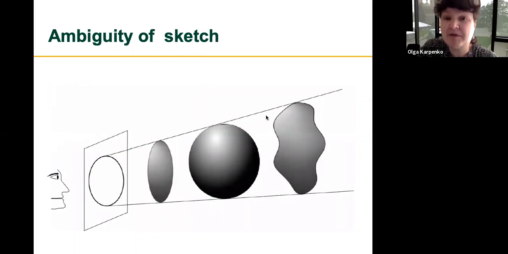It's inherently ambiguous. So when we look, for example, at the circle, we don't really know if it's the contour of just a flat circle in space, or the contour of a sphere, or the contour of some kind of pancake or potato chip. So we don't know what the shape really is.